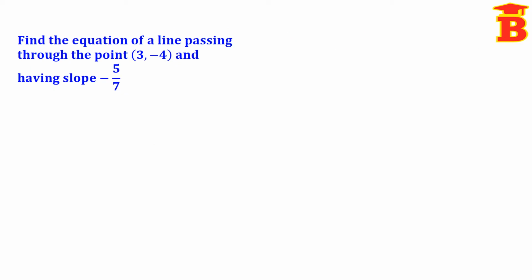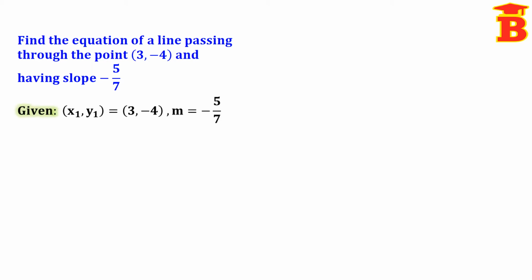Next problem, find the equation of a line passing through the point (3, -4) and having slope -5/7. Here slope and point are given, so we use the slope point formula.